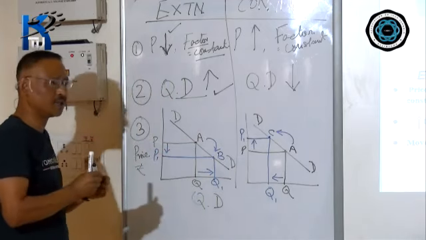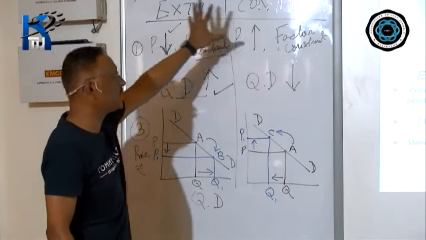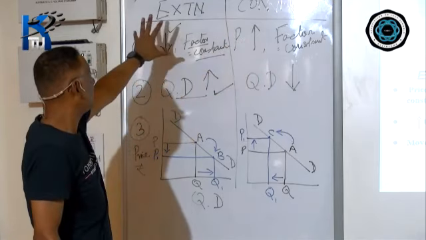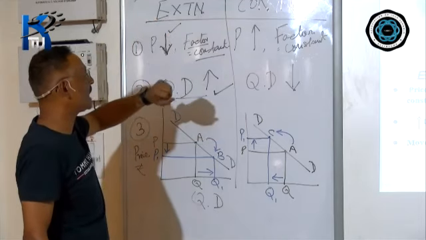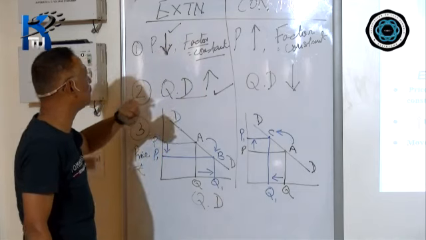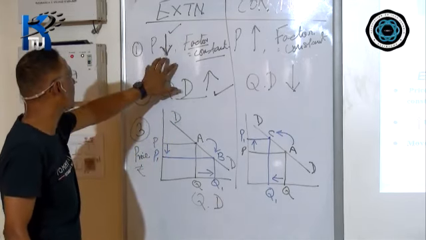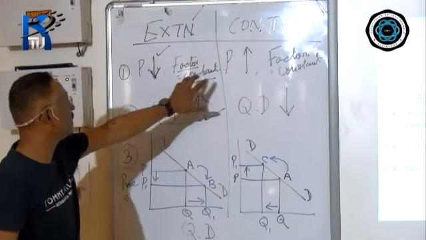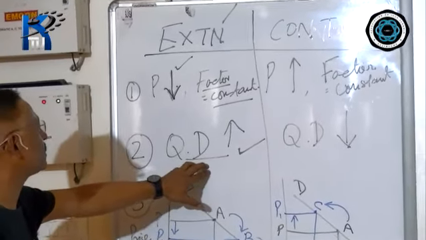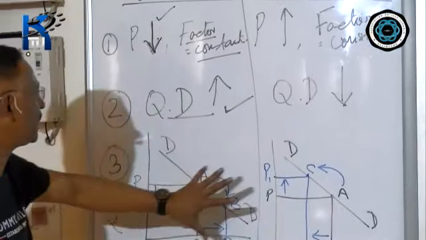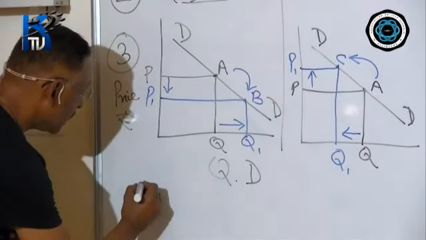Whenever you write the answer in your ISC exams, this is broken up into two parts. If a question says differentiate between extension and contraction, or explain the movement of the demand curve, then you will make it into three parts. You will talk about price fall, factors constant, price increase, factors constant, quantity demanded increases, decreases, then you explain the graph, and then you can write at the end what the movement is.